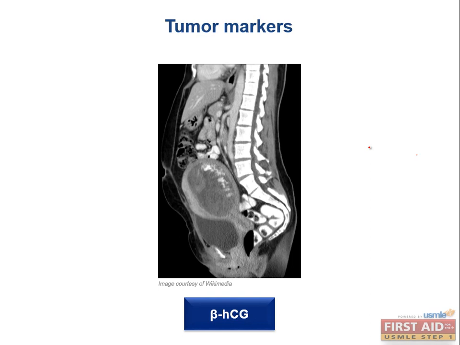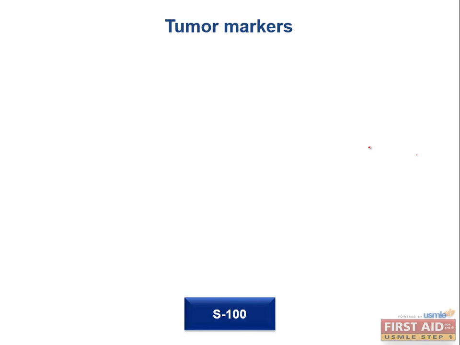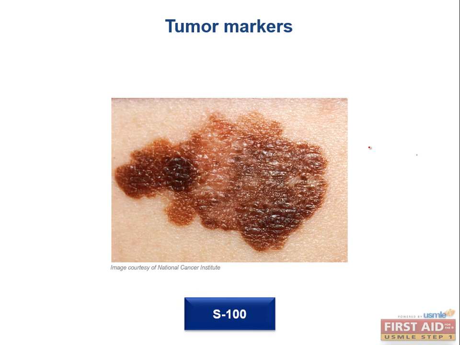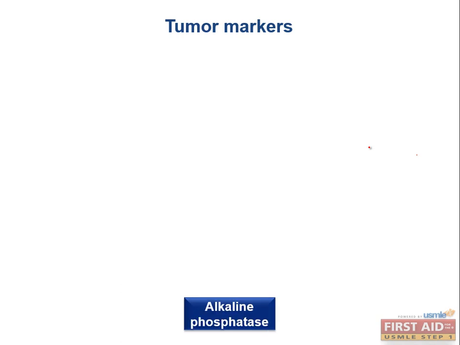All right. How about the S100 antigen? When do we use that as a tumor marker? Melanoma and other cells that are derived from neural crest. So all the neural crest tumors, like melanomas, neural tumors, and schwannomas, are all derived from neural crest. How about alkaline phosphatase?